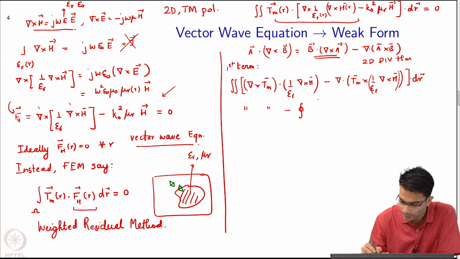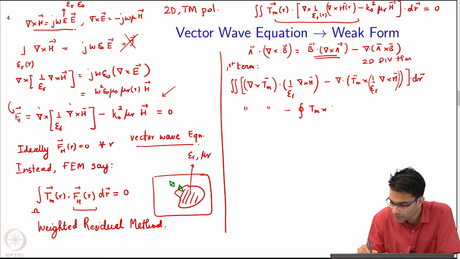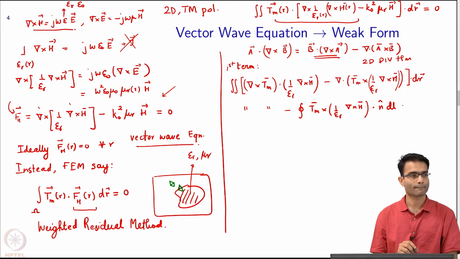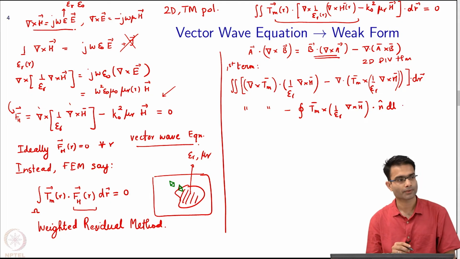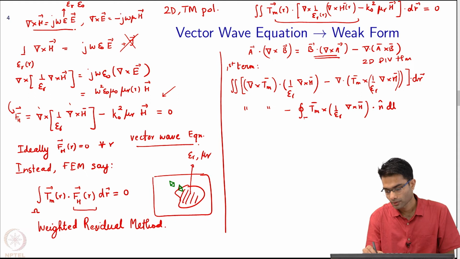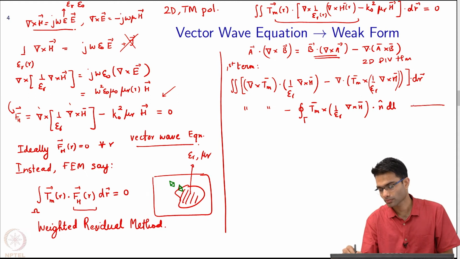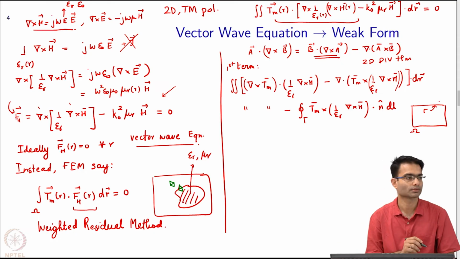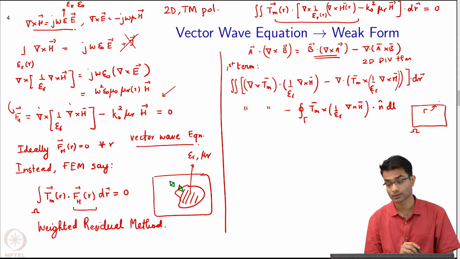So, Tm cross 1 by epsilon r curl of H dot n hat dl. Okay. So, if this is my computational domain, omega is the whole interior and gamma is the surface or the line in this case.